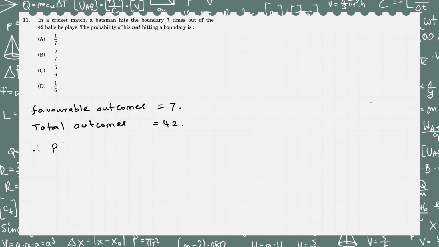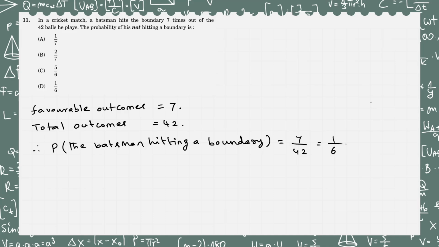Therefore, the probability that the batsman hits a boundary will be favorable outcomes divided by total outcomes, which is 7 by 42. We can simplify this. 1 by 6 is the answer for this. Now, not hitting a boundary is the opposite of this, right? So we call it a complementary event.